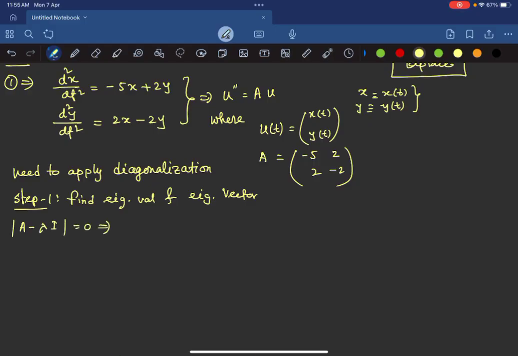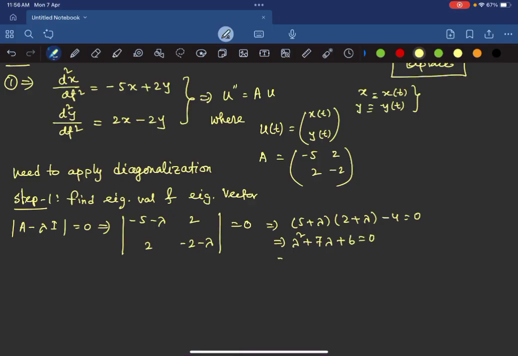From here, if you do the calculation, you will get (-5 minus lambda)(-2 minus lambda) minus 4 equal to 0. You simplify this, you will be getting (5 plus lambda)(2 plus lambda) minus 4 equal to 0. So lambda square plus 7 lambda plus 6 equals 0. So lambda values are minus 6 and minus 1.